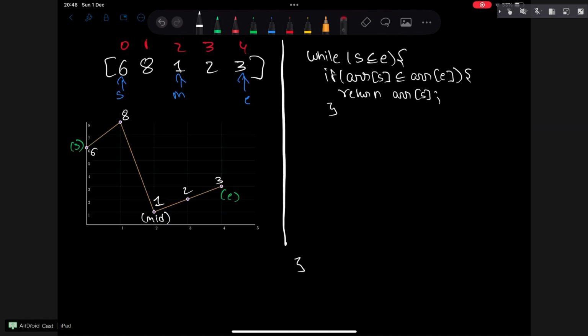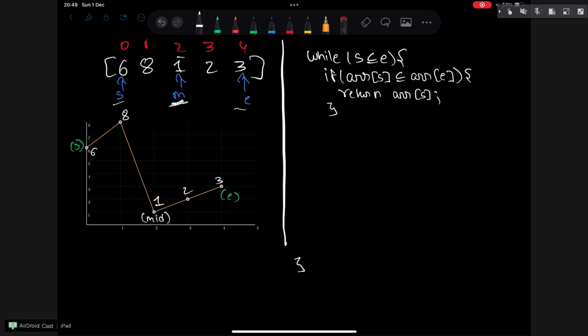So let's take a look at the second example. We have the array 6, 8, 1, 2, and 3, and if we calculate the mid for s and e, it will be at the second index.